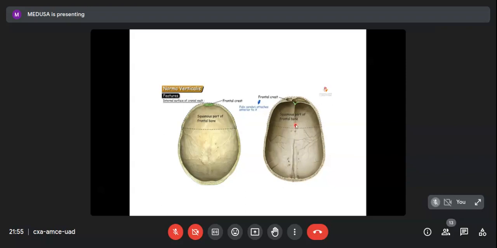One of them is this thing in the squamous part of the frontal bone when you cut it there. That is what we call the frontal crest. The frontal crest is where the falx cerebri attaches. So the falx cerebri attaches here anteriorly, and then posteriorly we're going to have some depressions where they attach. Very high yield to know about that.